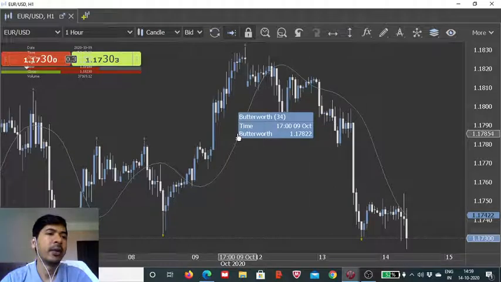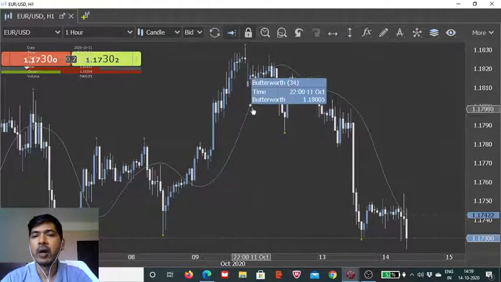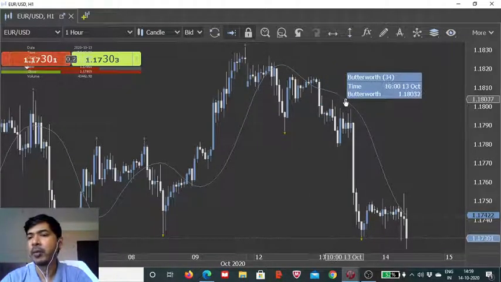Here this is the Euro USD chart on the hourly time frame, and I have already plotted the Butterworth filter. This is the default setup where we are taking into consideration the 34 candlesticks of 1 hour each for the Euro USD.